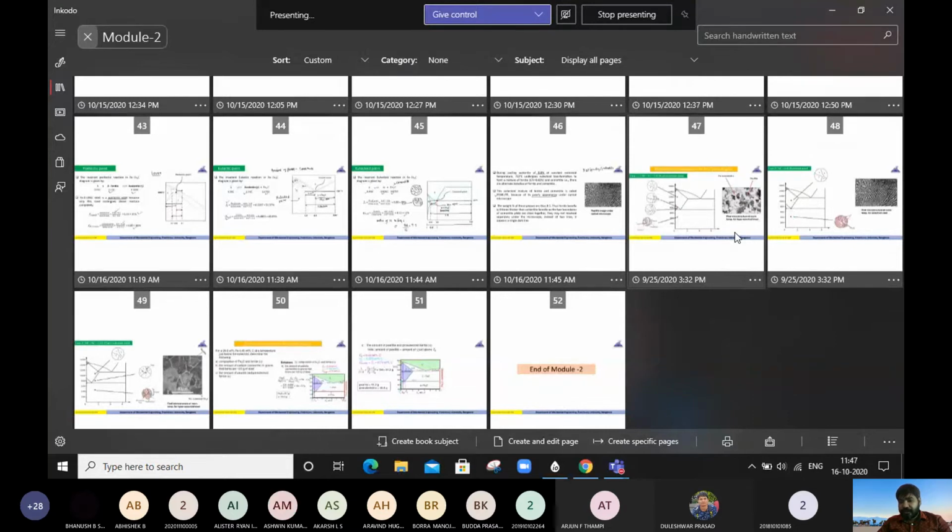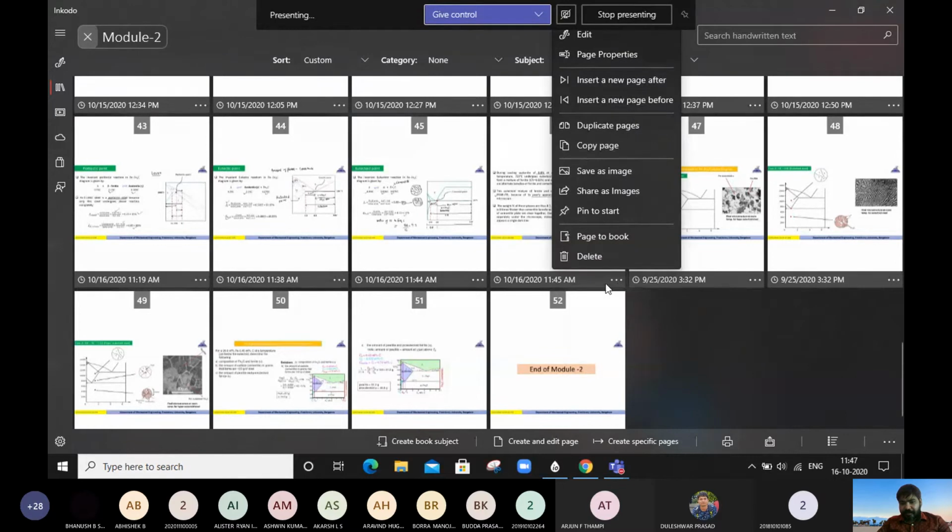So stainless steel, yes, can anybody tell what is the main property of stainless steel? Why do we use stainless steel? Yes, anybody have any idea?